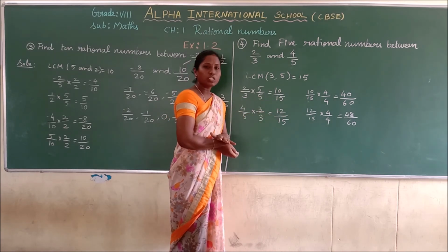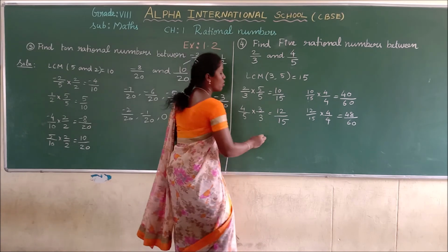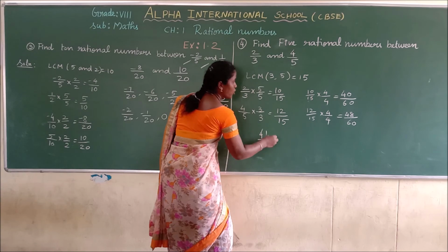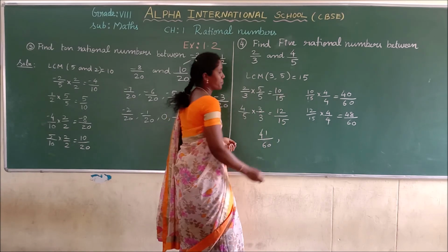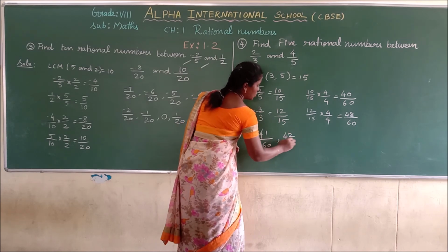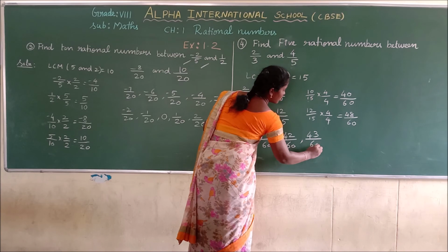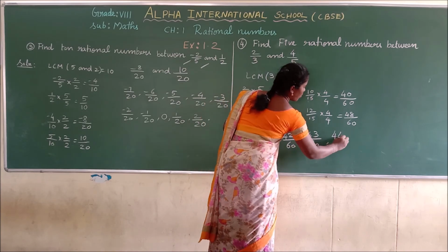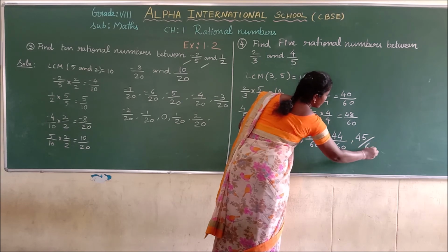Is it possible to find 5 rational numbers between them? Yes. What are the numbers you can find? After 40, you can take 41 by 60, the next number 42 by 60, 43 by 60, 44 by 60 and 45 by 60.